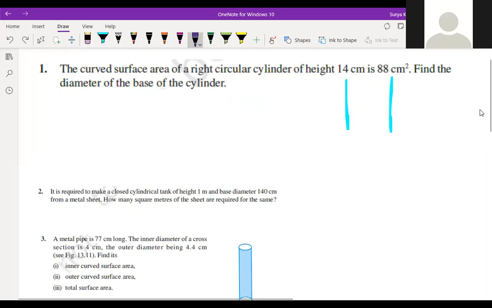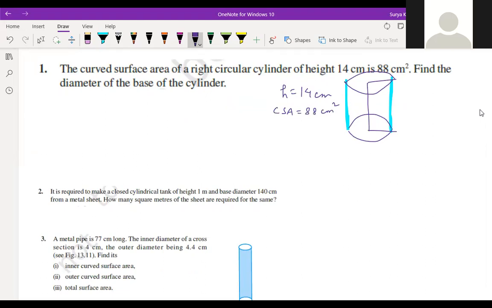Roughly you can draw over here. So height is 14 centimeter. And CSA, curved surface area, is 88 centimeter square.